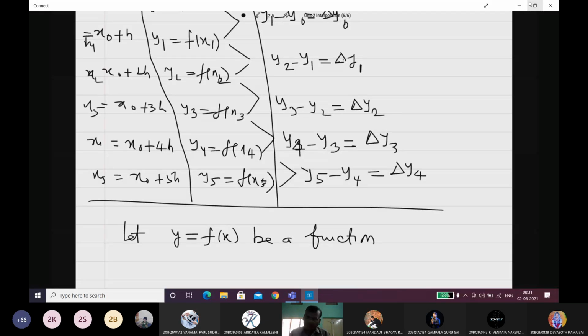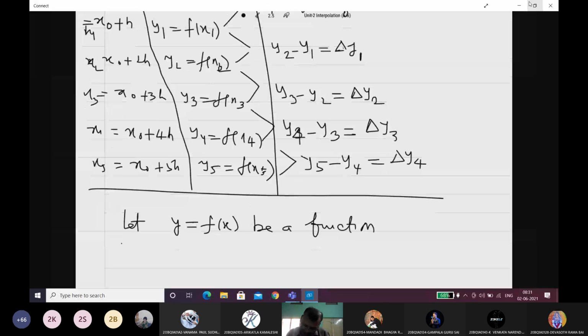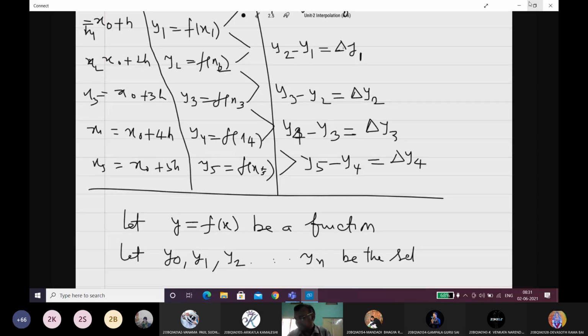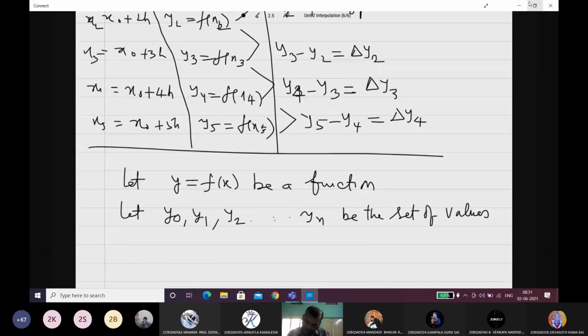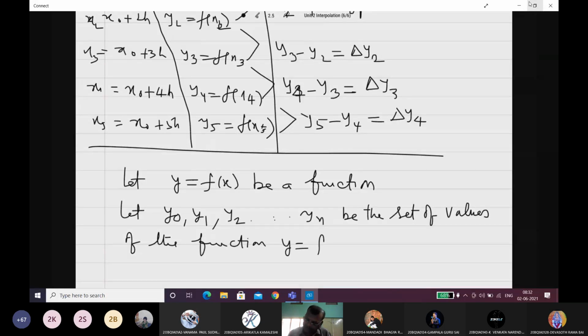Let y0, y1, y2, etc., yn be the set of values of the function y is equal to f of x.